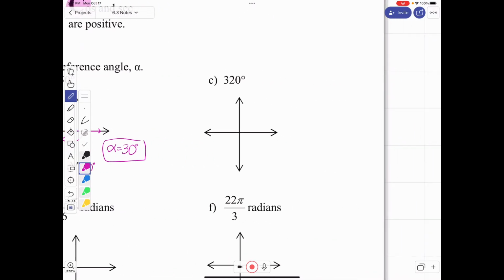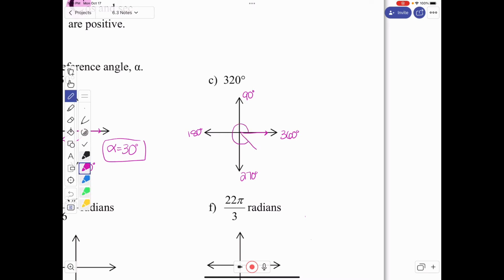Okay, looking at our next one. We start here. We are going positive, so we know it's bigger than 90, bigger than 180, bigger than 270, but it's not going to be as big as 360. So we know it's going to go all the way around.